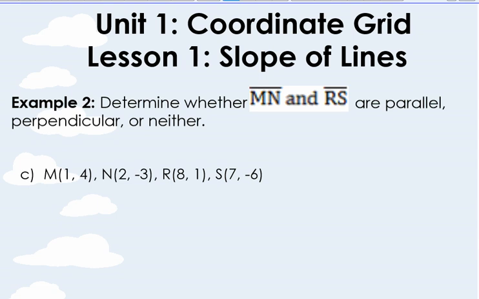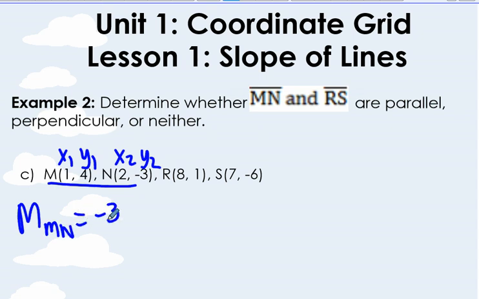Alright, this next one here, again, we're still determining the same thing. So highlight my points, x1, y1, x2, y2. So we've got the slope of M N equals negative 3 minus 4 over 2 minus 1, which is going to give us negative 7 over 1.